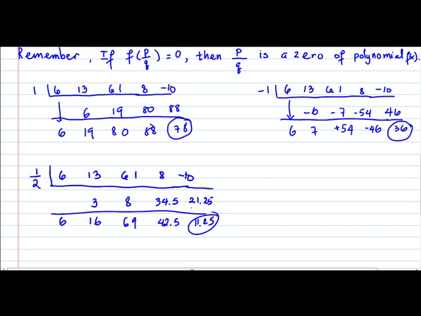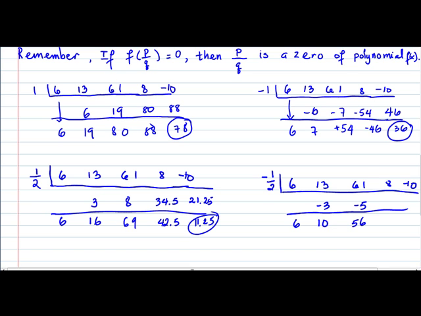So let's try -1/2. Bring a 6 down. -1/2 times 6 is -3. Add 13, I get 10. -1/2 times 10 is -5. Plus 61 is 56. -1/2 times 56 is -28.